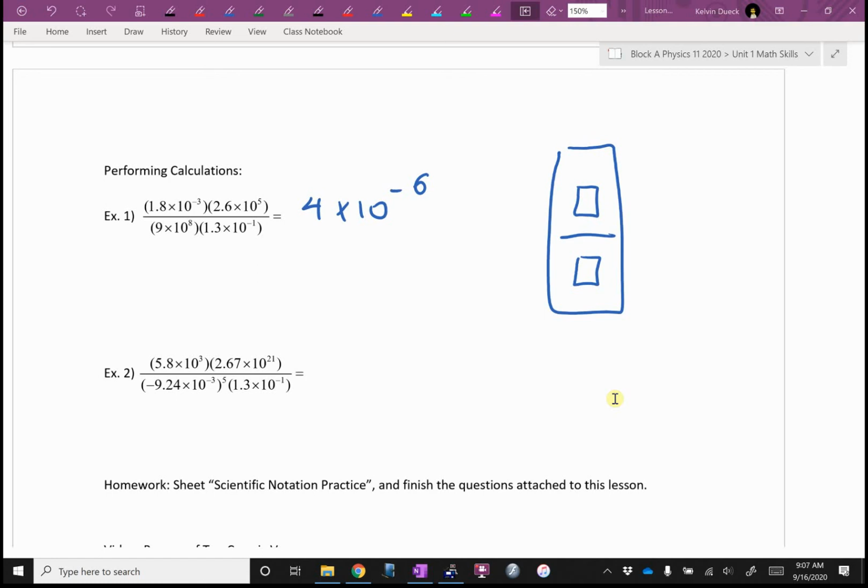What you can do whenever there's a fraction is hit that button first, and you can actually put stuff on the top with your up arrow, and you can put stuff on the bottom with your down arrow. So you can actually tell your calculator where you want stuff to go, which gives you a lot less typing. You don't need to put brackets around the top because you can tell your calculator that's on the top.